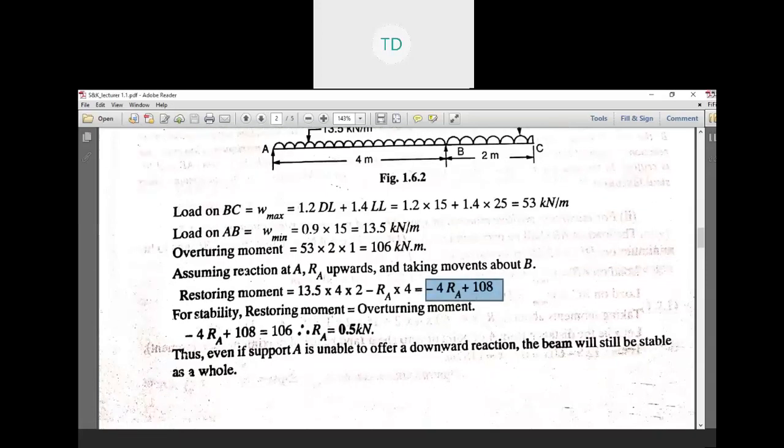For stability, restoration moment, minus 4RA plus 108 is equal to 106, which is the overturning moment. We get RA as 0.5 kilonewton. Thus, even if support A is unable to offer a downward reaction, the beam will still be stable as a whole.